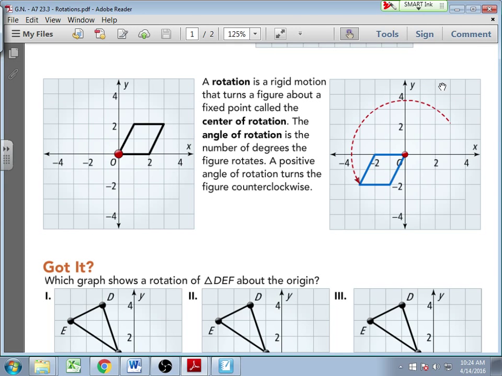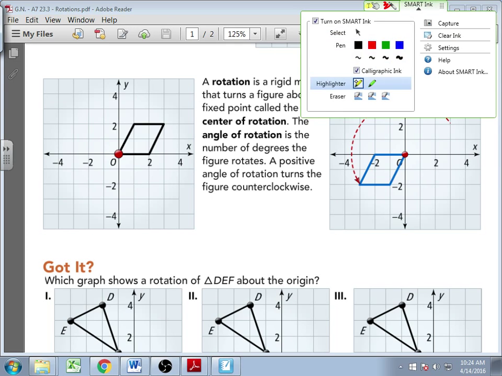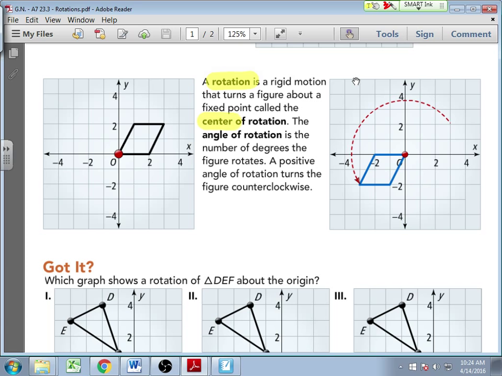So our rotation, obviously, that's what we're talking about. That's a keyword here. We have to have a center of rotation, that point that we pivot around. And the angle of rotation is how far we've gone. So like I just said in the intro, we just had an angle of rotation that was 180 degrees. Every point was exactly opposite from where it began.